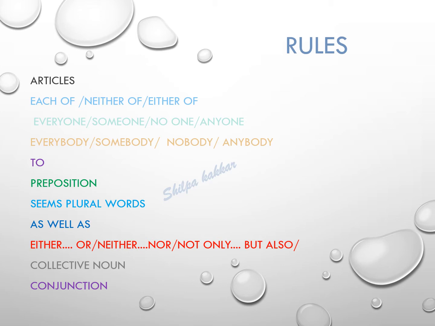How do we write collective nouns and the conjunctions. So I have covered certain things where people usually make mistakes, and these things we have to keep in mind while rectifying the errors.